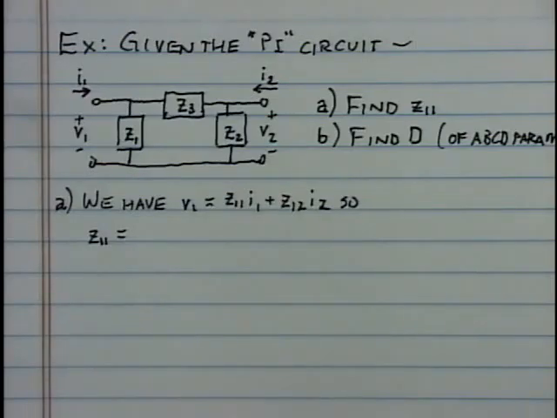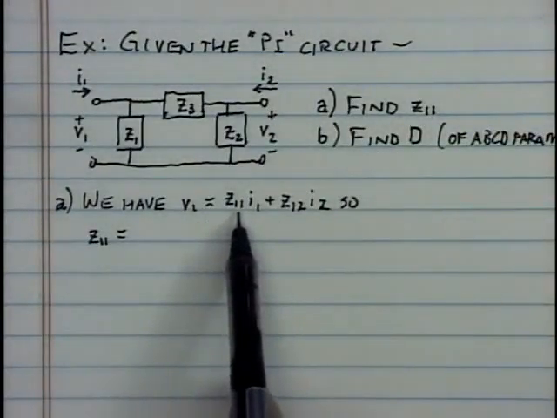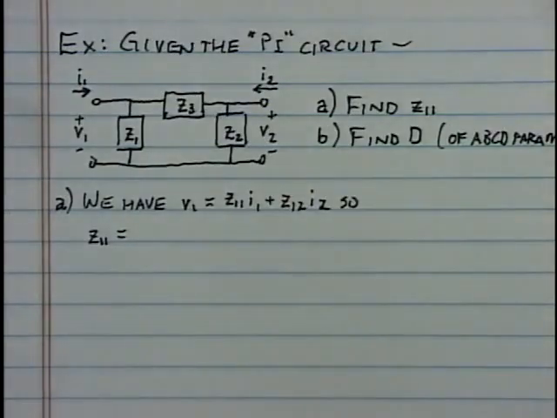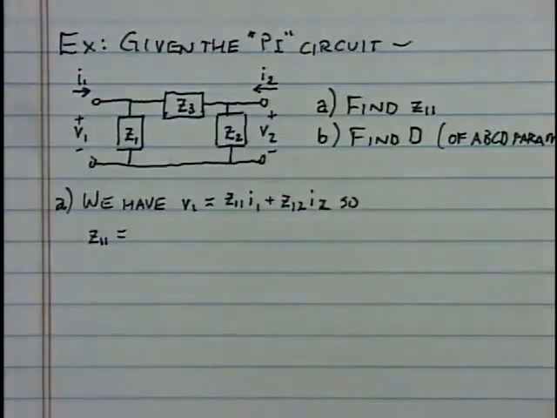Well, I could solve that equation for Z11. This is what I want to get, Z11. If only this second term wasn't there. If that second term wasn't there, then Z11 would just be V1 divided by I1.